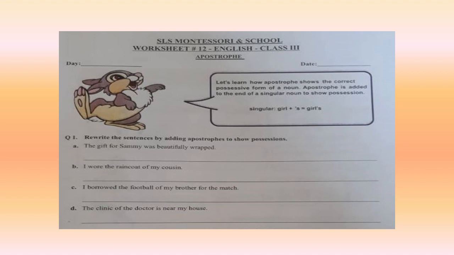Let's learn how apostrophe shows the correct possessive form of a noun. Apostrophe s is added to the end of a singular noun to show possession. Singular, girl plus apostrophe s equals girl's. Now, question number 1.